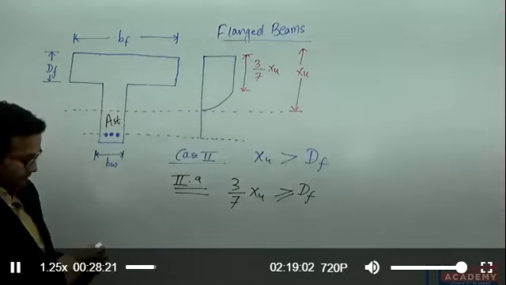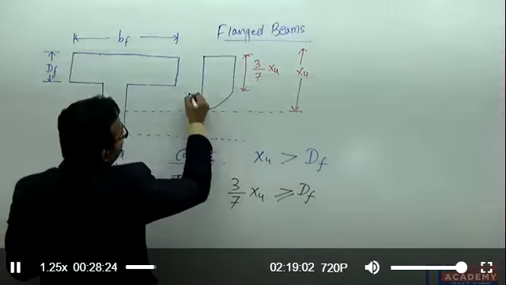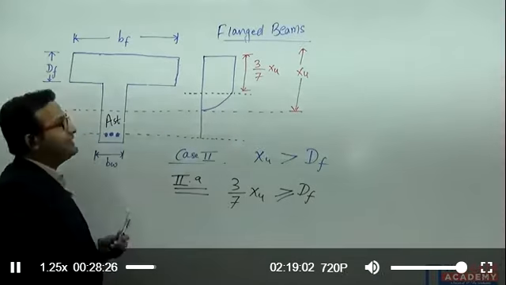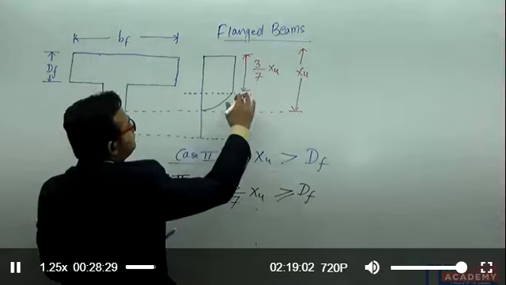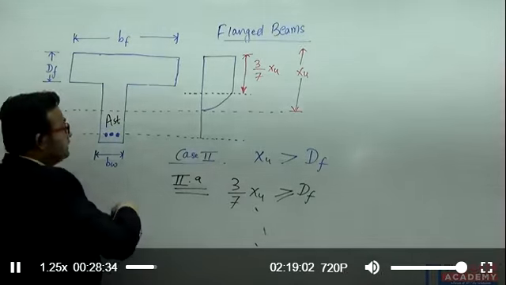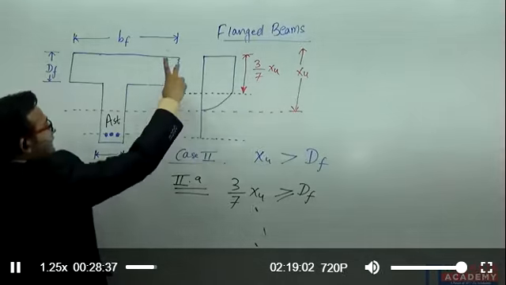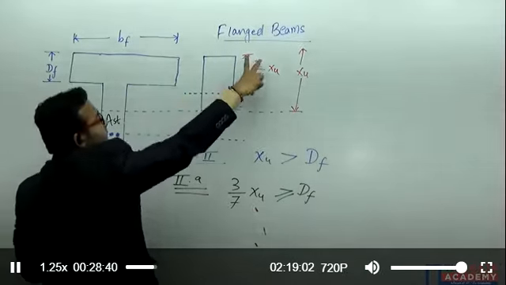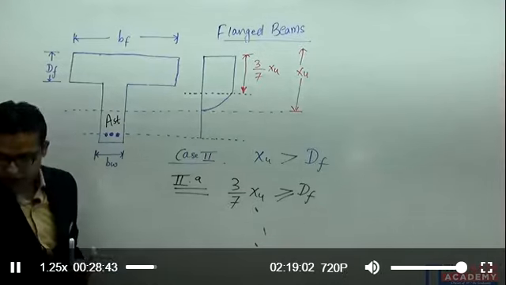So right now we can see that up to here it is a rectangular portion, and this is the depth of the flange. Definitely 3/7 of xu is greater than the depth of flange.